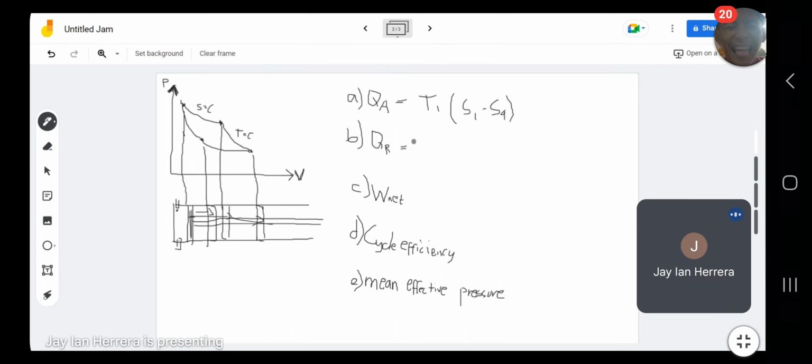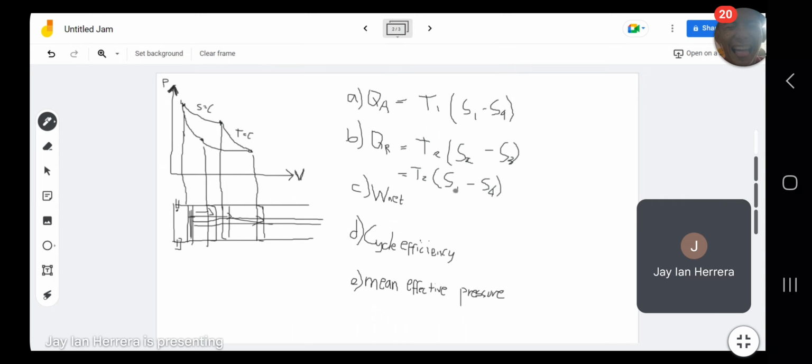Yun, makukuha natin yung entropy with that. And then for QR naman, ang ating general formula for QR, dalawa kasi meron tayo: T2 times S2 minus S3, or T2 multiplied by S1 minus S4.